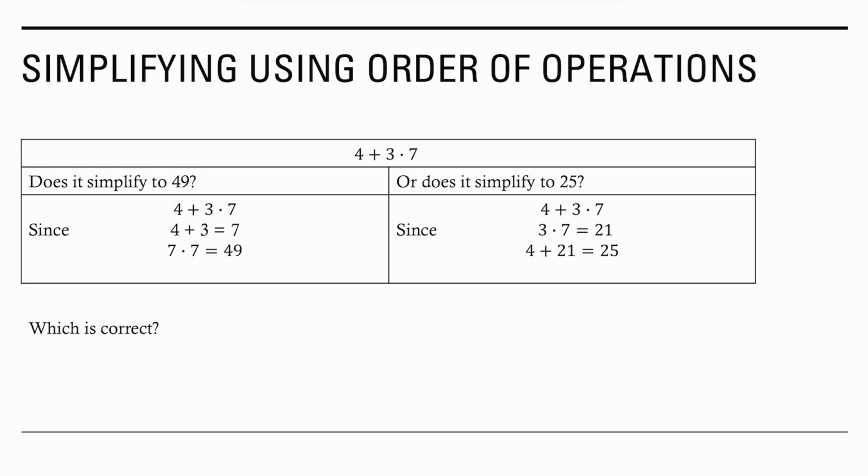So moving on to order of operations. We really need to get this through our heads very, very clearly. And so as an example of what can go wrong, we've got this 4 plus 3 times 7. And so we've got two potential outcomes of this one expression. On the left-hand side, we do 4 plus 3 times 7.